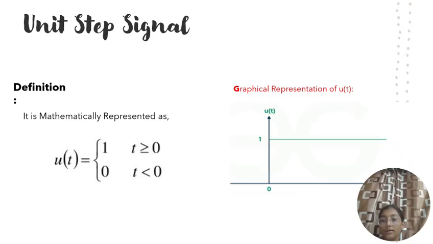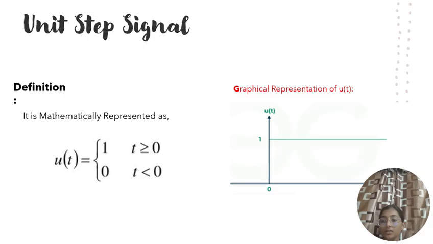Mathematically, u of t equals 0 for t less than 0 and u of t equals 1 for t greater than or equal to 0. Graphically, this looks like a horizontal line at 0 until time t equals 0, and then it jumps to 1 and stays there. You can observe the graphical representation here.